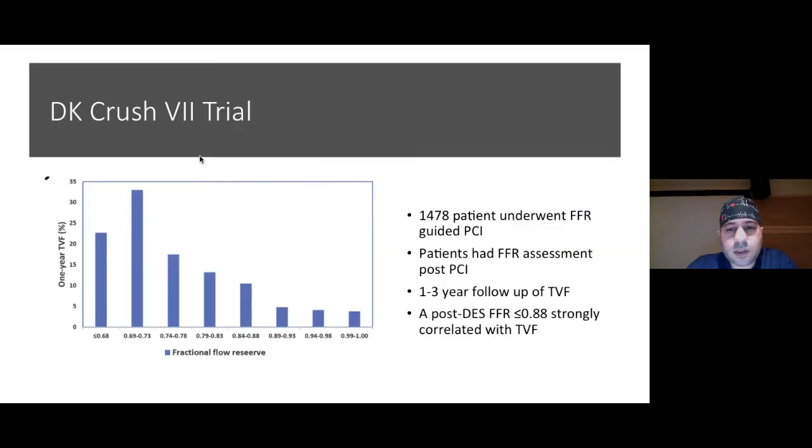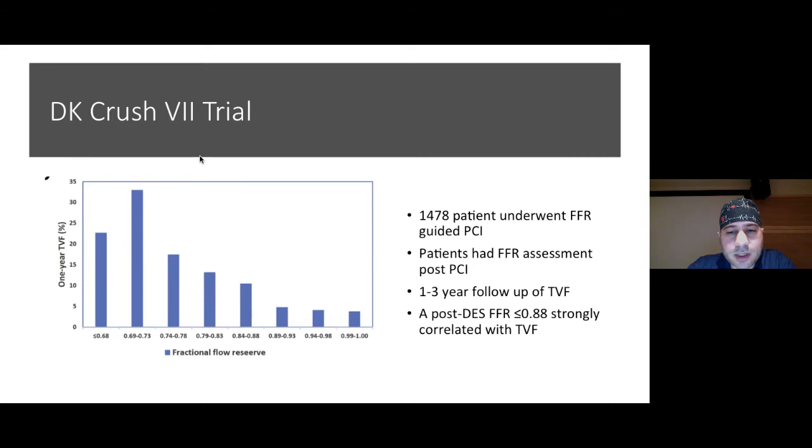Another study that showed similar results is the DK-CRUSH-7 trial. This was registry data of about 1,478 patients who underwent FFR-guided PCI, and FFR assessments were done post-PCI. If you look at their 1 to 3 year follow-up for target vessel failure, you'll notice that the lower your FFR, the worse the patient's outcomes are.